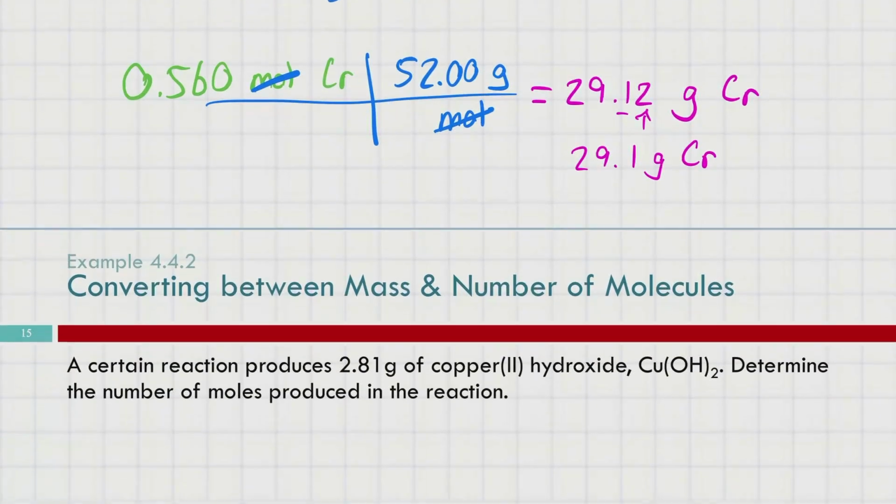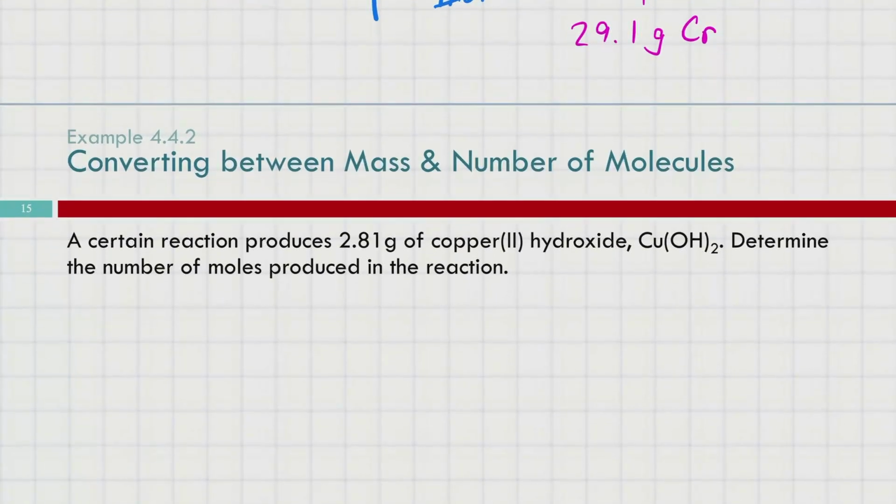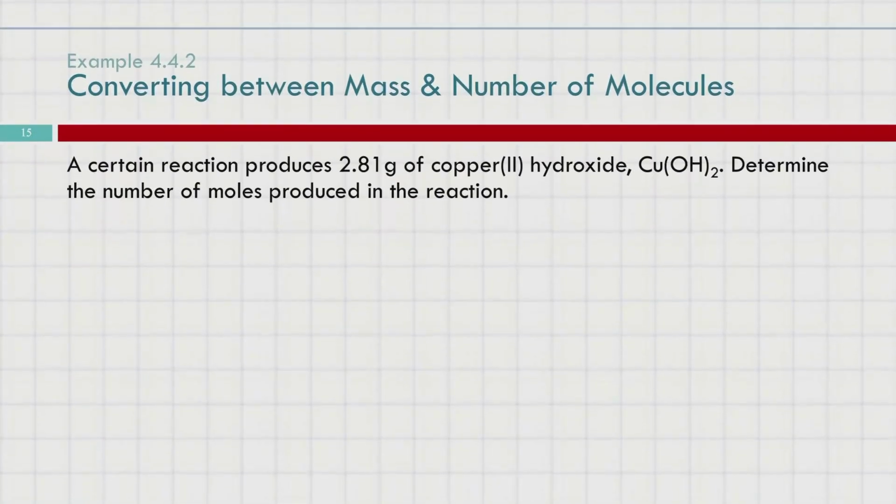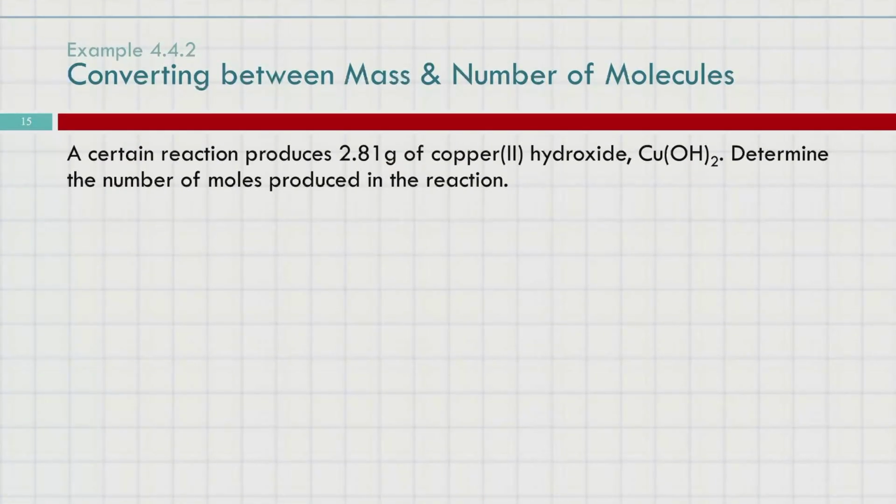Let's say we want to add another step onto that, because of course we do. A certain reaction produces 2.81 grams of copper(II) hydroxide, Cu(OH)2. Determine the number of moles produced in the reaction. So it produces 2.81 grams.